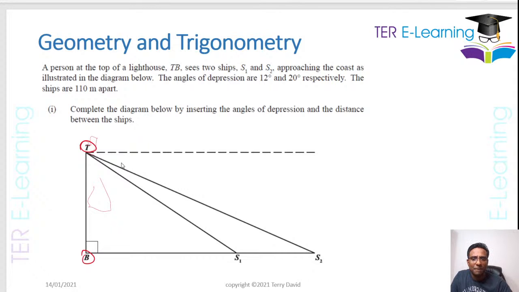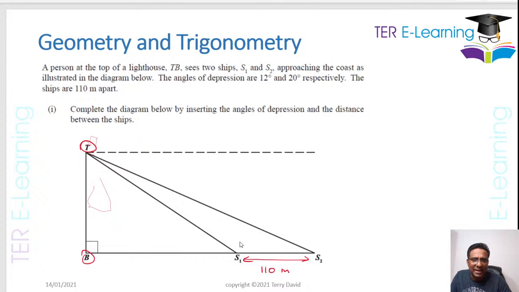So therefore, one second, angle of depressions are 12 degrees, right? And the ships are 110 meters apart, right? So this here, S1, this distance here, right, represents my 110 meters, right?